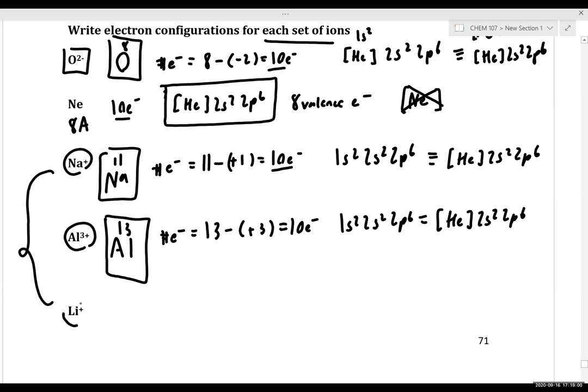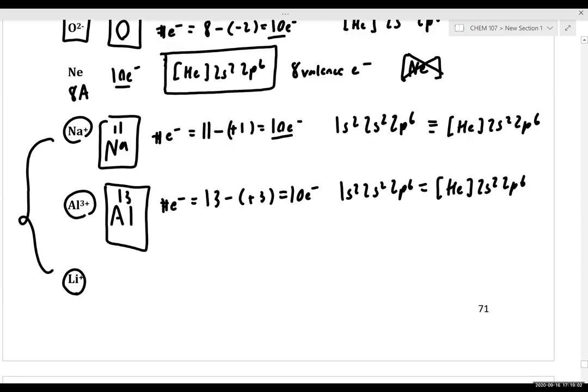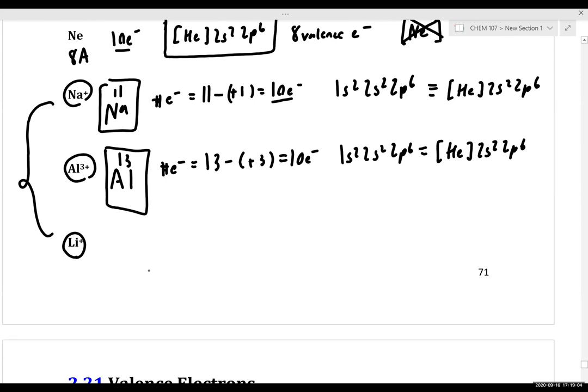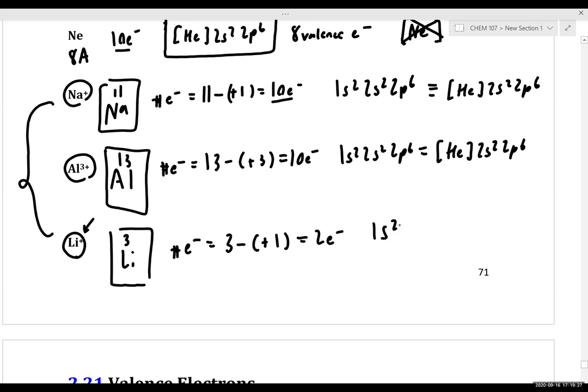Let's look at lithium now. What is the atomic number for lithium? 3, okay? But since it's lithium plus, our number of electrons is 3 minus the charge, which is +1. That gives us 2 electrons to work with, or a configuration of 1s2.